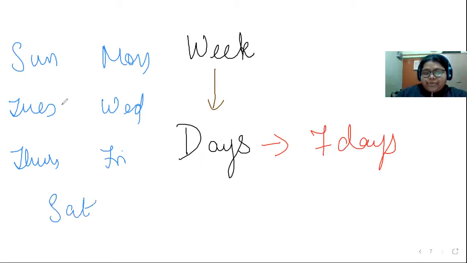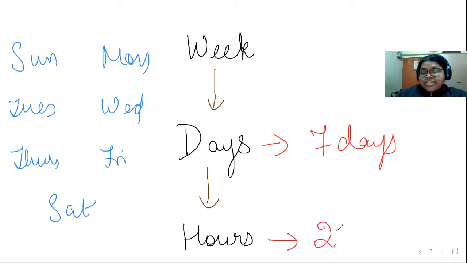So 1, 2, 3, 4, 5, 6, 7. In a week, there are 7 days. Got it? Then in a day, there are hours. We have 24 hours.